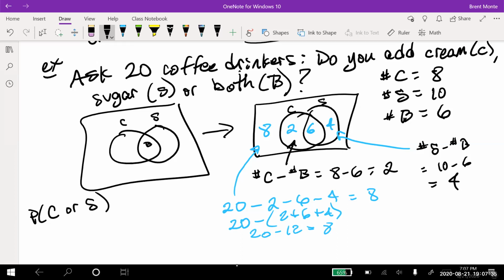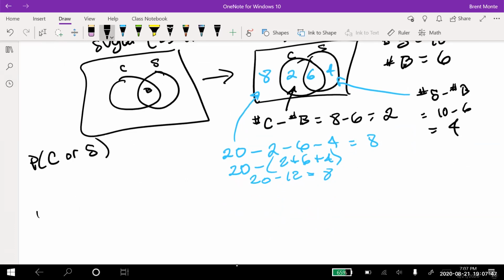Well, what do we have to do? We have to say, well, these are not mutually exclusive. So what I need to do is use the general addition rule. I'm going to write this down here so I can write it as one big long string.